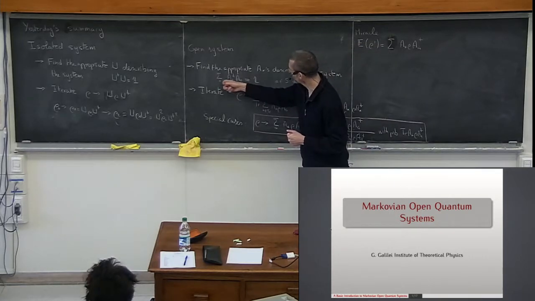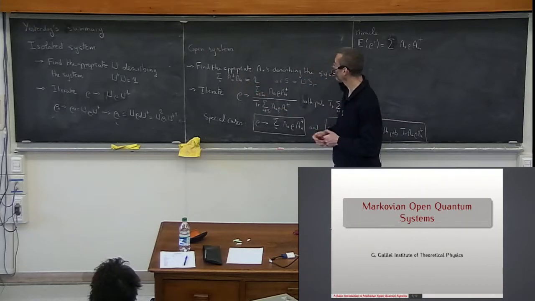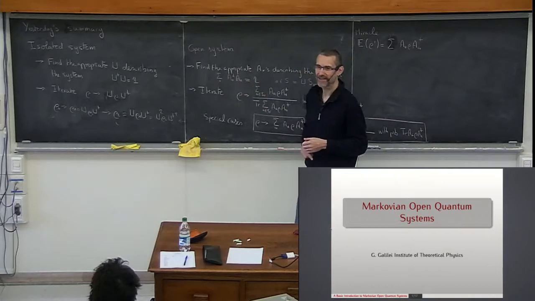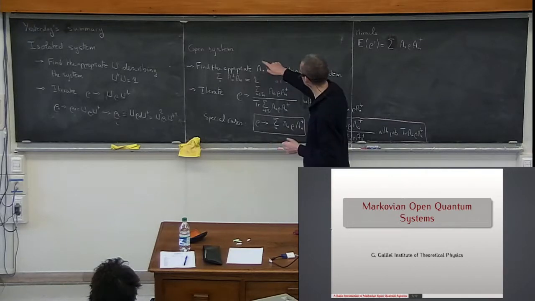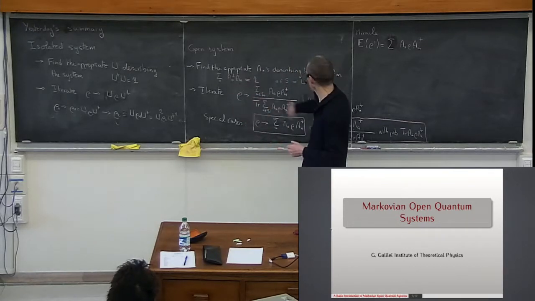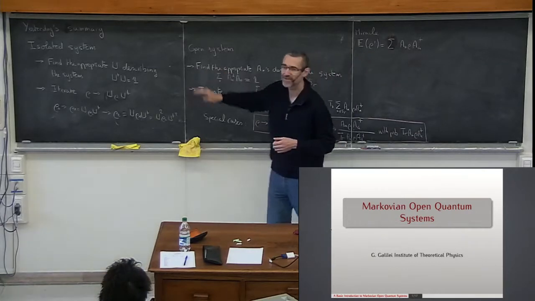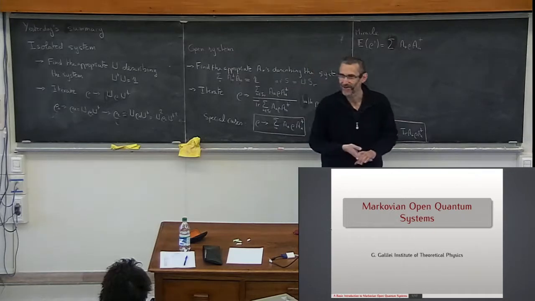And this constraint is just that when you sum over a of A_a dagger A_a, you get 1. Of course, if you manage to describe your system with only one A, I'm saying again that it's going to be unitary, and everything, this sum will be 1 and all that. So if there is only one A, this means in fact your system is isolated and not open.